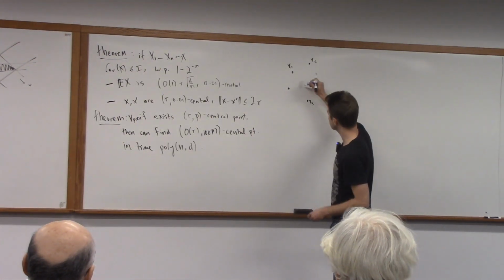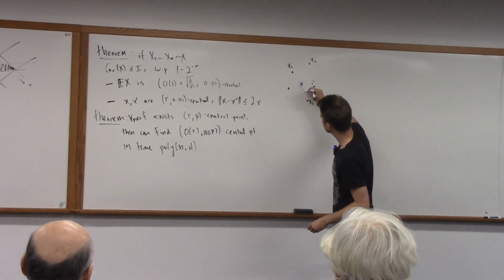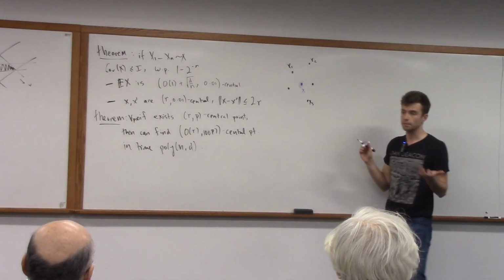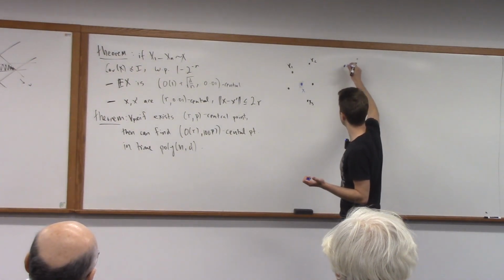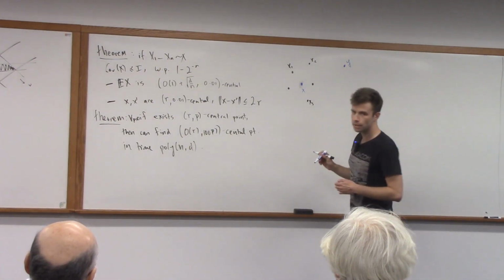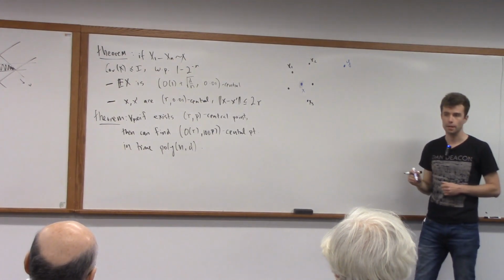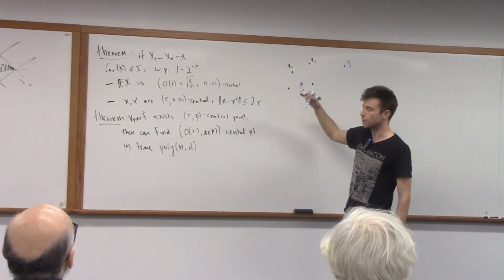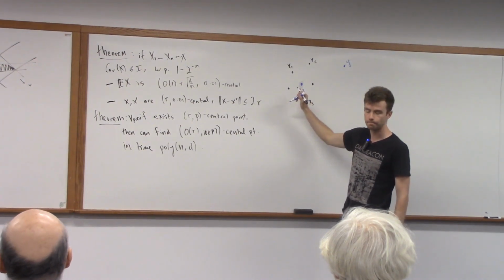I know that there exists a central point x. I'm going to start at some guess of a central point, y, and I'm going to try to get close to x. I'm going to try to find some direction in which to move y to get closer to some RP central point.